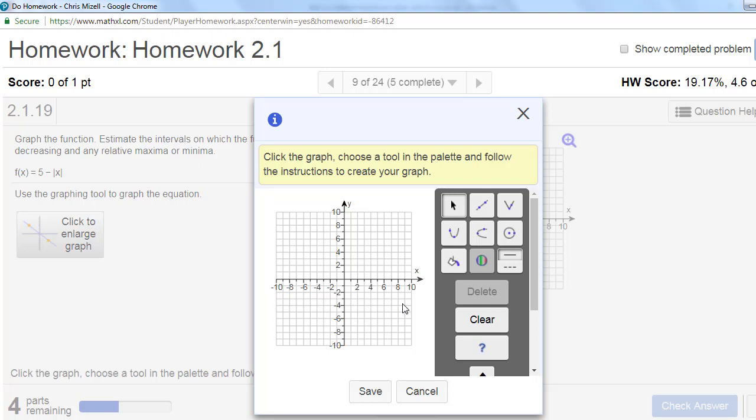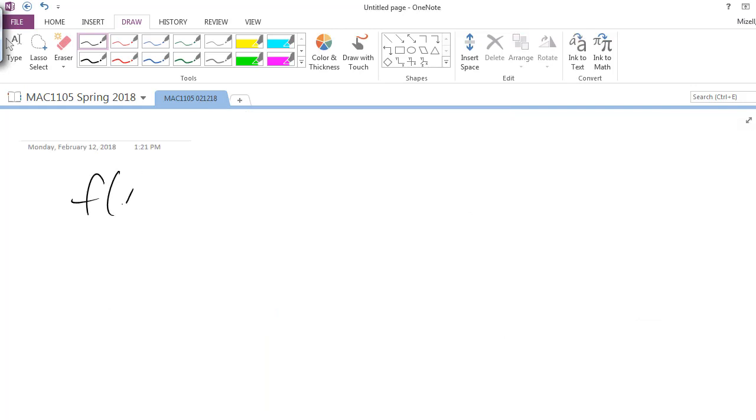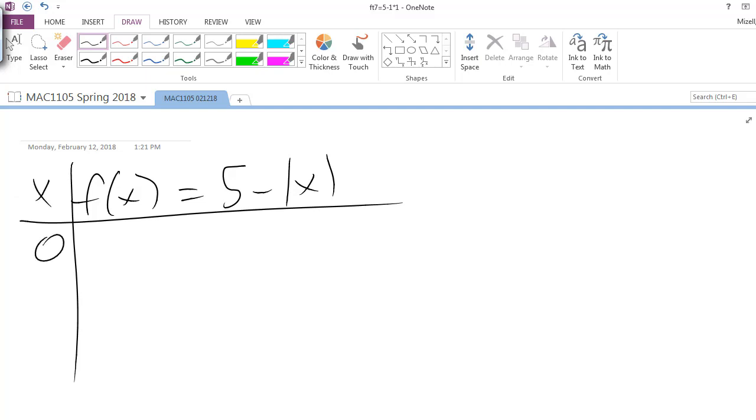So f of x equals 5 minus the absolute value of x. If x equals 0, what is f of 0? What's f of 0?